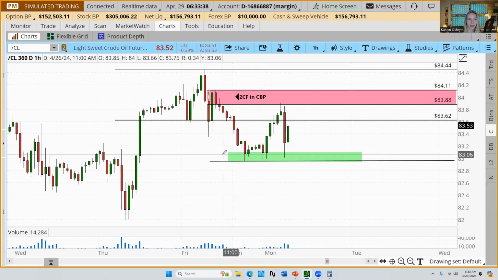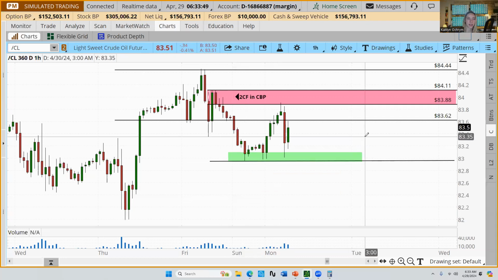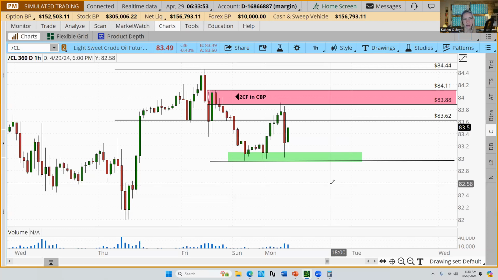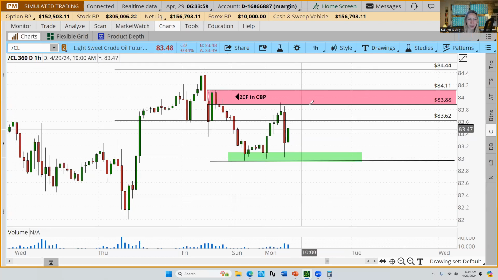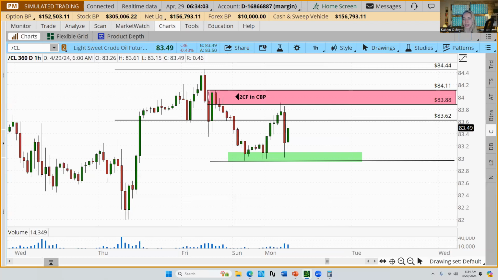I'm keeping an eye also on the breakdown of support. So if we start to break below this low area of support down at 82.96, then I'll be looking for the next breakdown. So breakout trade down here, supply zone trade is going to be up here. And meanwhile, we're right in the middle between the two, so this is one that we'll just want to keep an eye on during today's session.